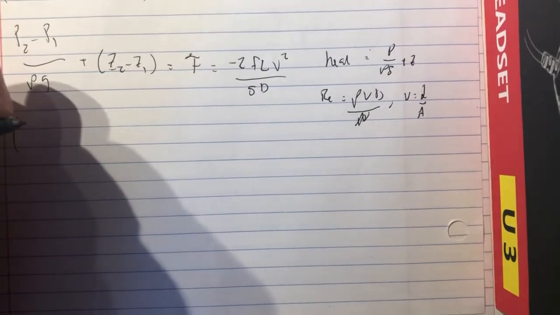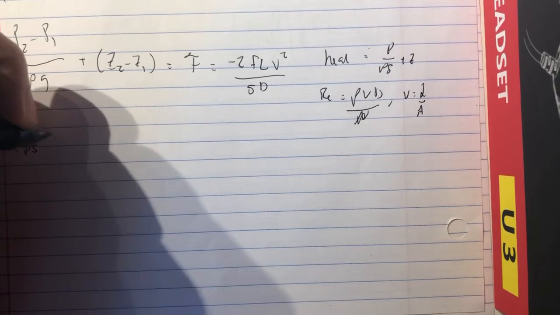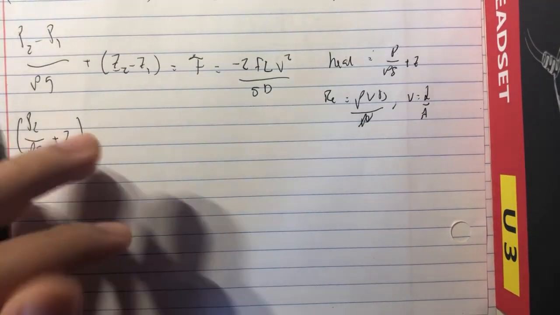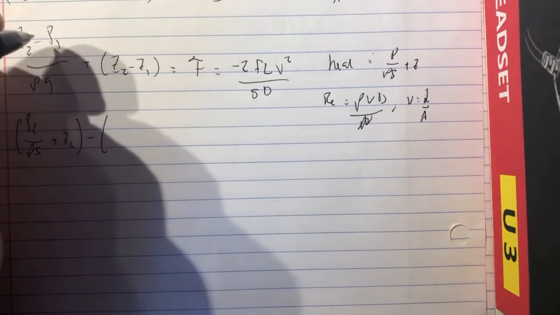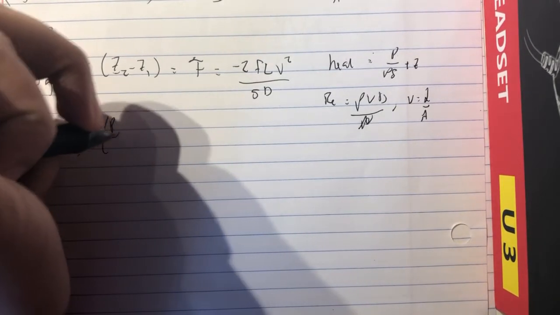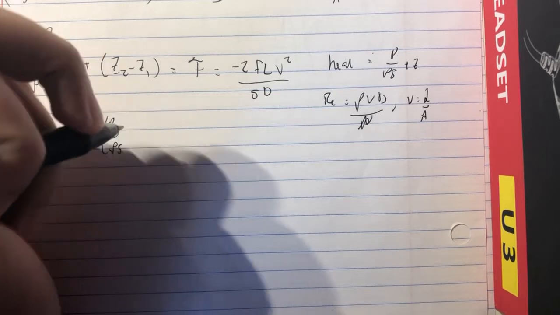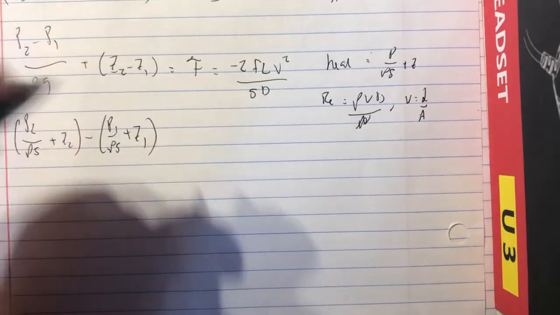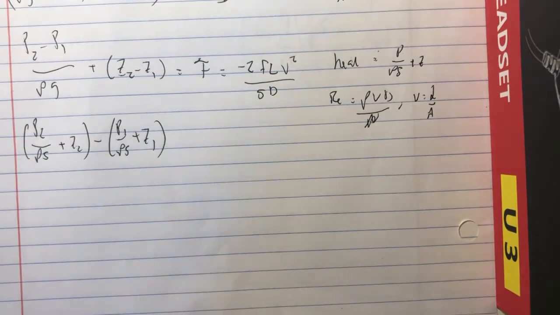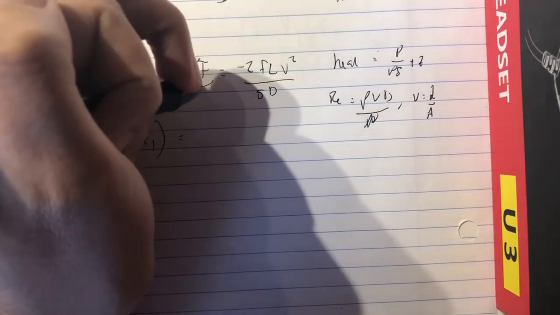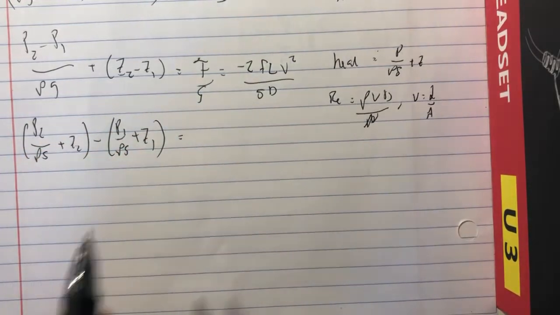So head of 2 is pressure at 2 over rho g plus z2, minus head of 1, which, factoring out the negative, is P1 over rho g plus Z1. So this side right now already is the change in head, and this is over g, by the way, sorry.